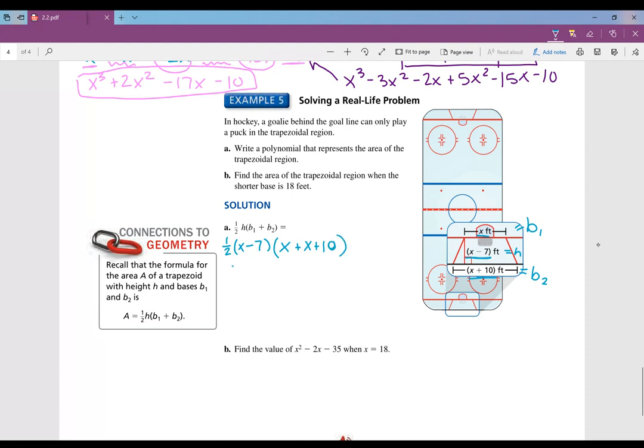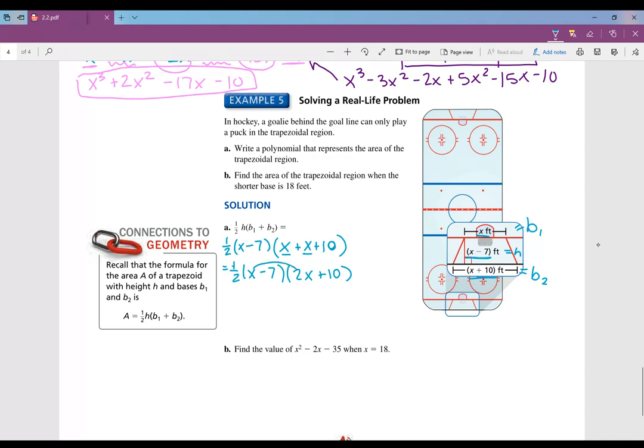Okay, so now we can simplify that a little bit, right? 1/2 times x minus 7. And then x plus x is going to give us 2x plus 10. Okay, so now we can distribute or do the box method, whichever way you prefer.